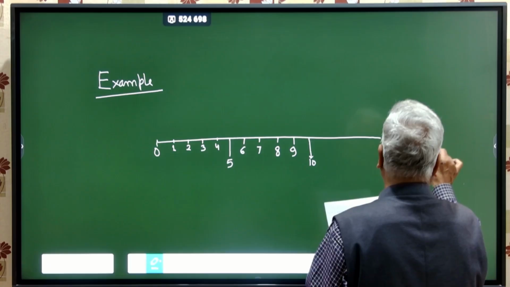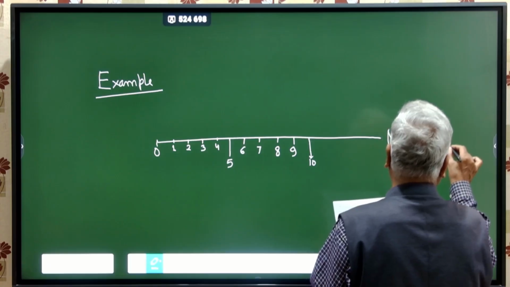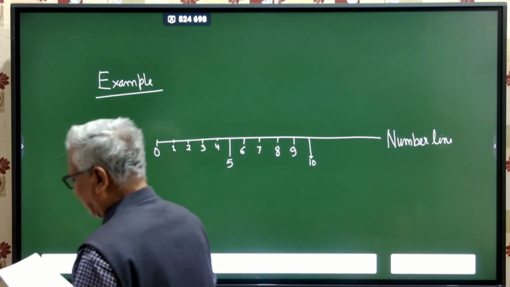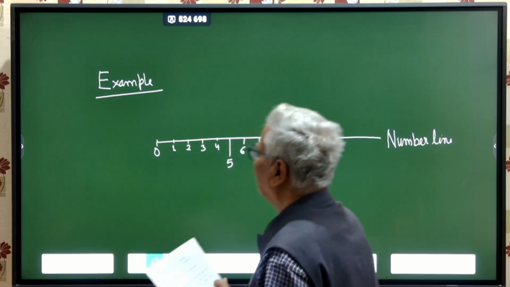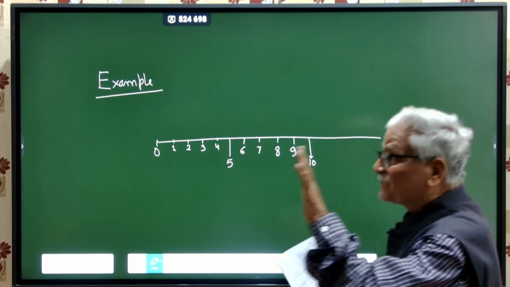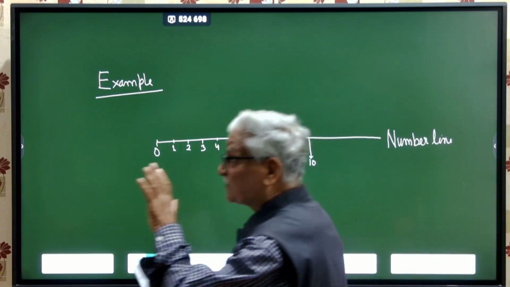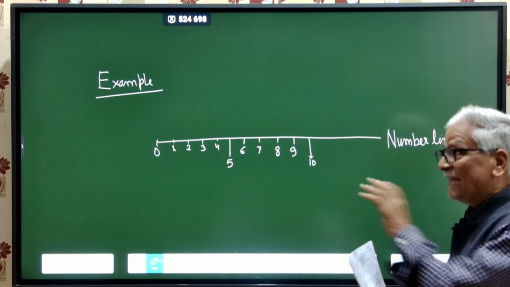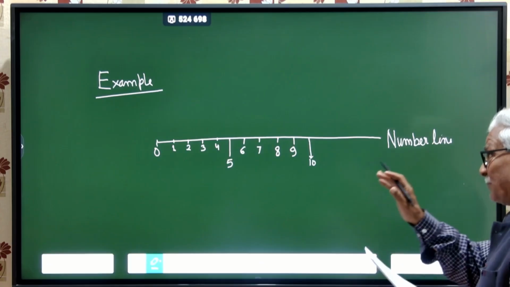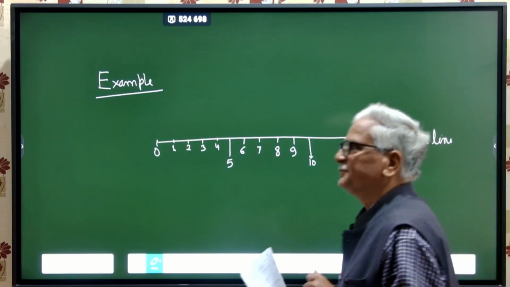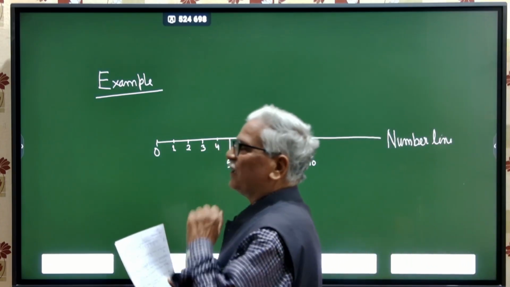A student should always be asked to write the name of the number line. Then, if you remember, I have used the plus sign, positive sign, sum, add. But on the number line, sum is not used, add is not used.